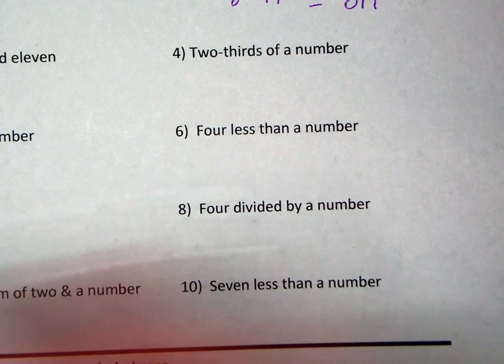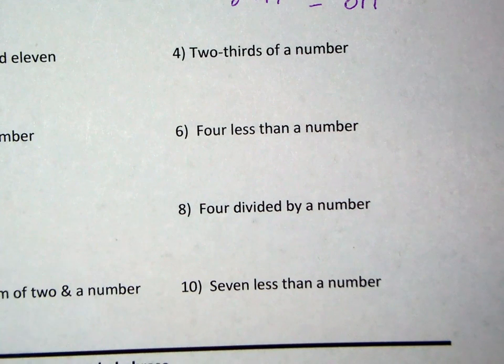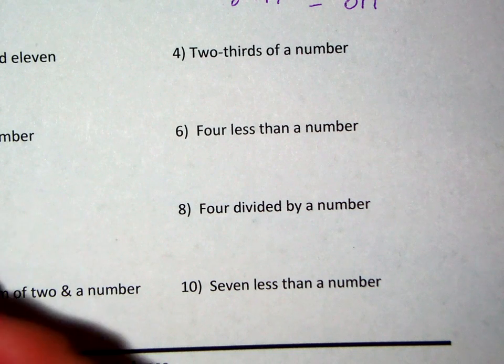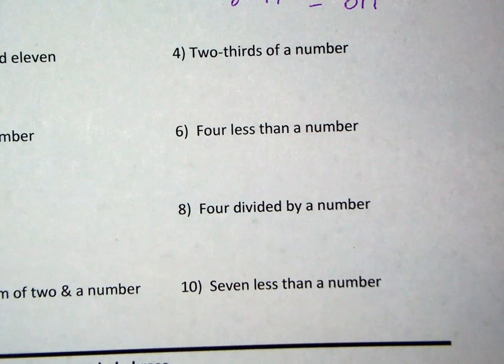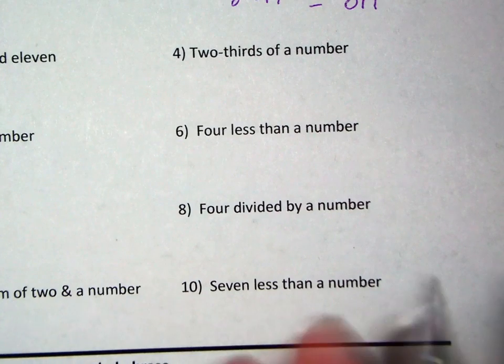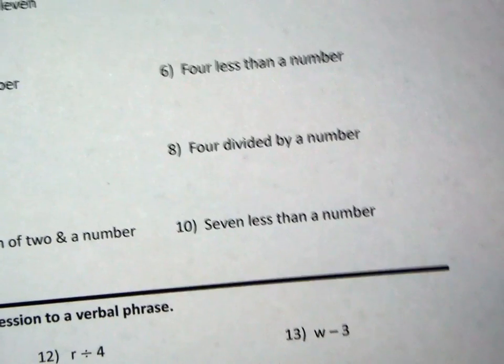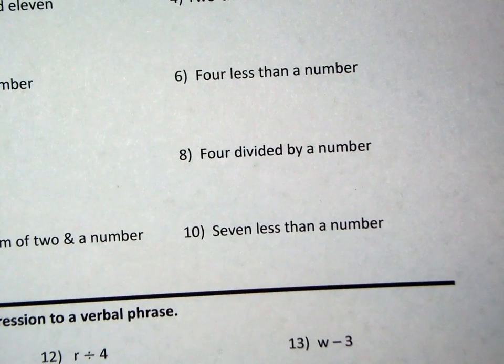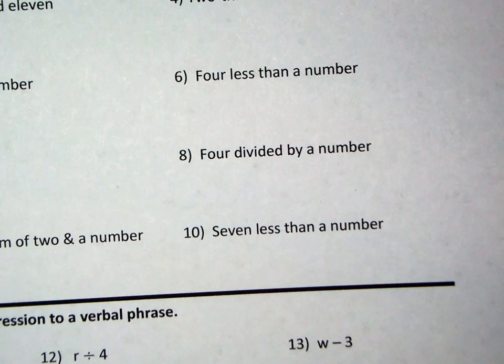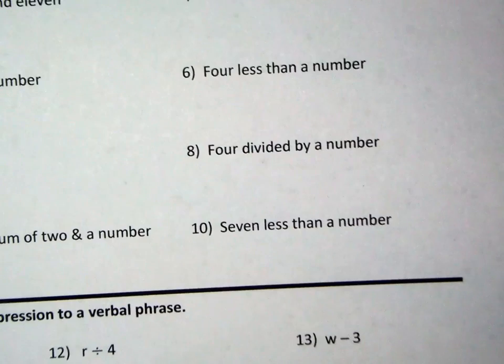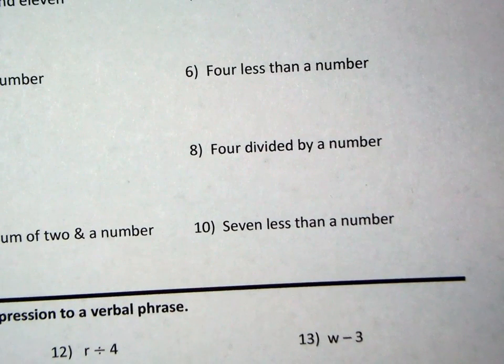When we say it in our natural common language, we say Jim has 4 donuts less than Bob. It comes a little bit more naturally to us to think of, well, how many donuts does Bob have? And then we subtract 4 from that.